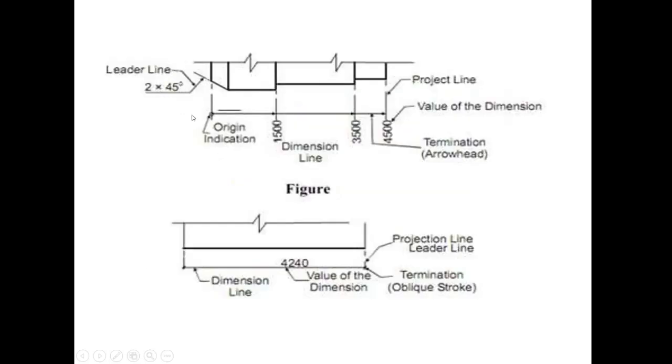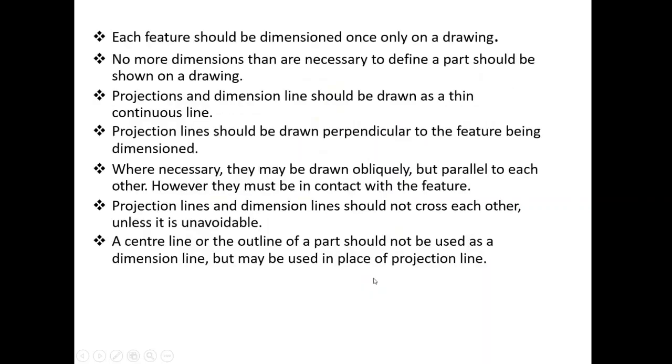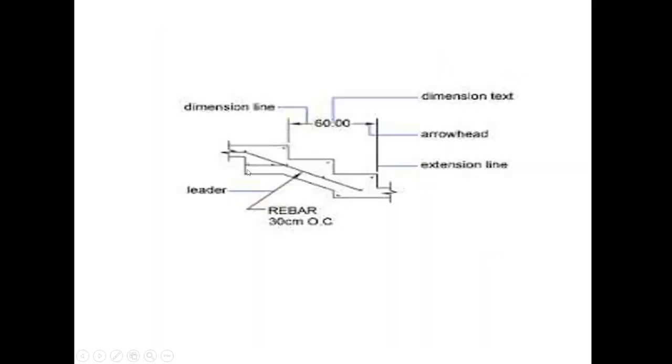These projection lines and dimension lines should be drawn as continuous thin lines. The projection line should be drawn perpendicular to the feature being dimensioned. Okay, so projection line should be perpendicular. Means what?